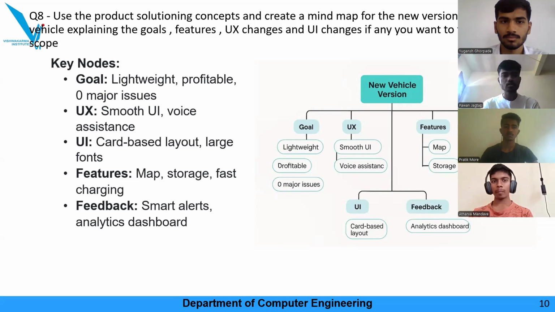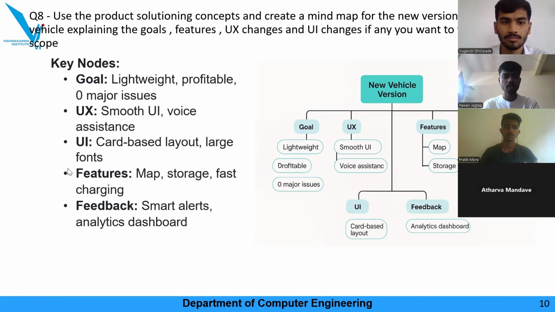Use the product solutioning concept and create a mind map for the new version of the vehicle explaining the goals, features, UI changes, and UX changes, if any you want to target in the store. Key notes: go lightweight, profitable, zero major issues. UX: smooth UI, voice assistant. UI: card-based layout, large font.